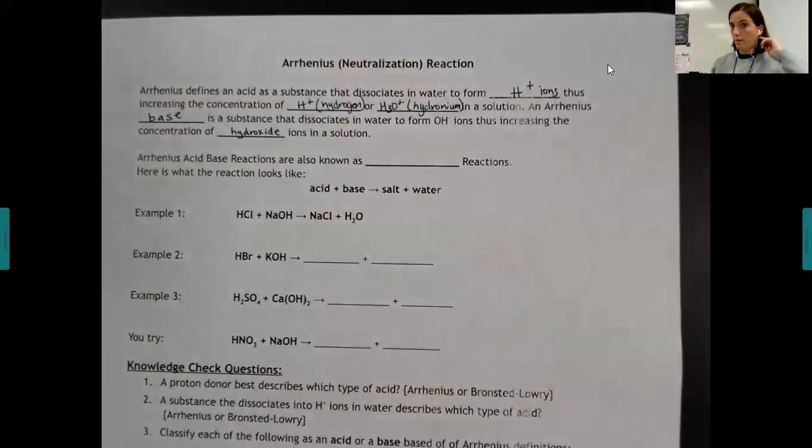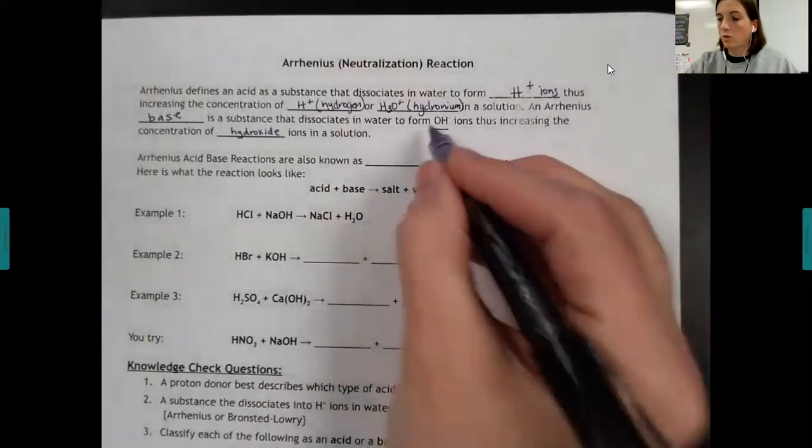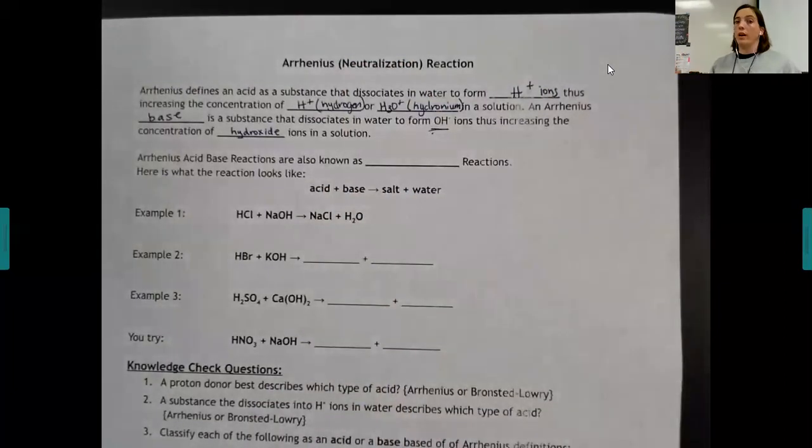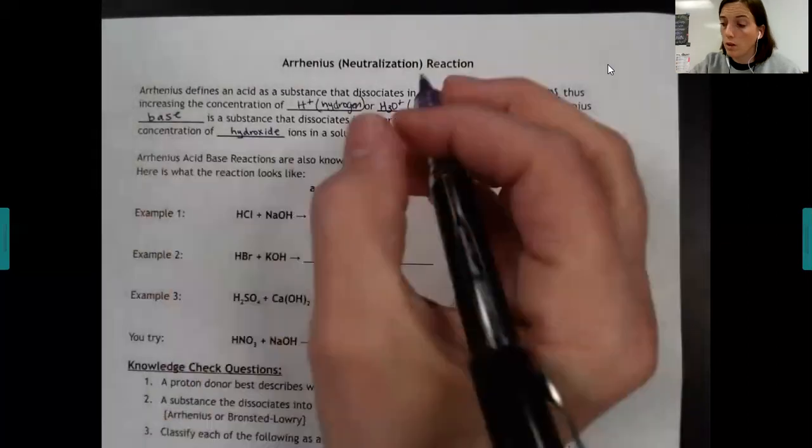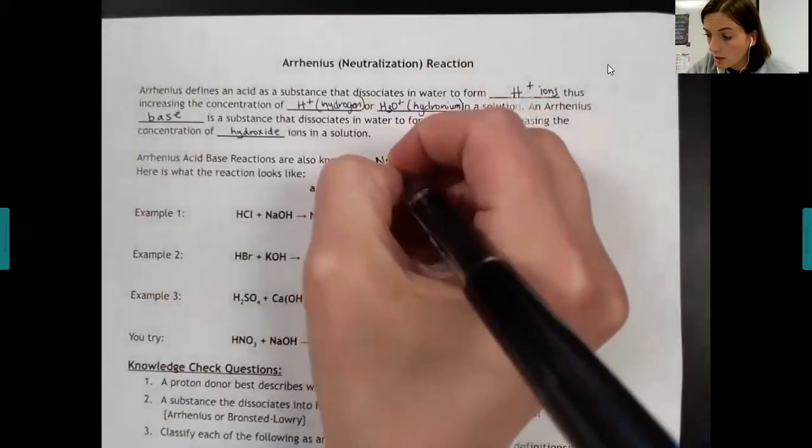Remember, OH is hydroxide. Yesterday we talked about acids having an H plus or hydrogen ion, and hydroxide has OH minus. This is the original rule. Arrhenius acid-base reactions are also known as neutralization reactions.